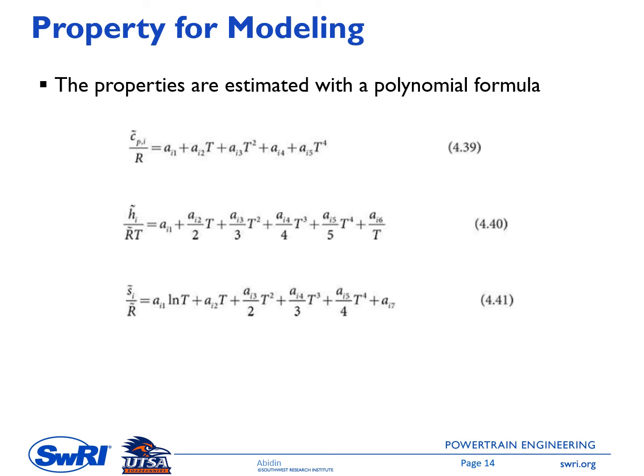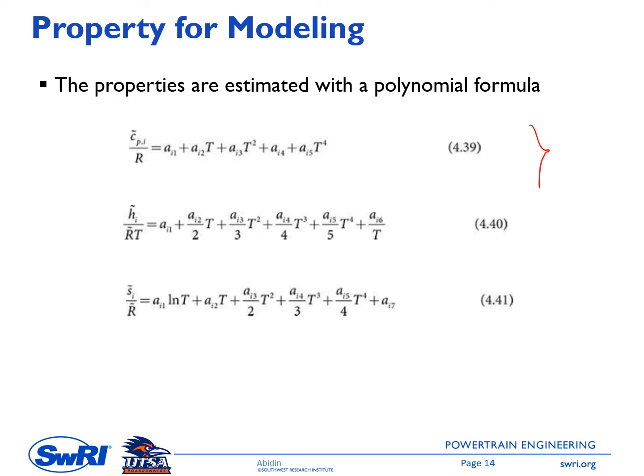Next one is the properties estimation for modeling. For example, in the future, if you want to write a program for modeling a combustion process inside the internal combustion engine, then you need to get Cp and then H, S, and so on as a function of temperature, and might be a function of phi as well. In this case, you need to use a polynomial formula to get the properties of the mixture.